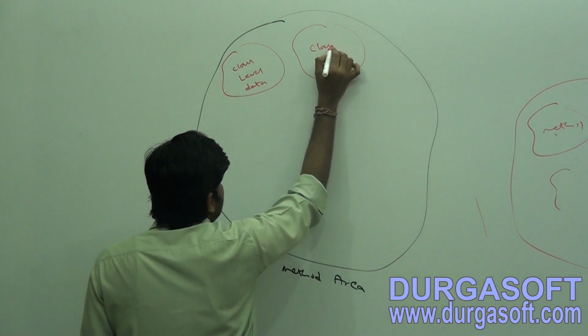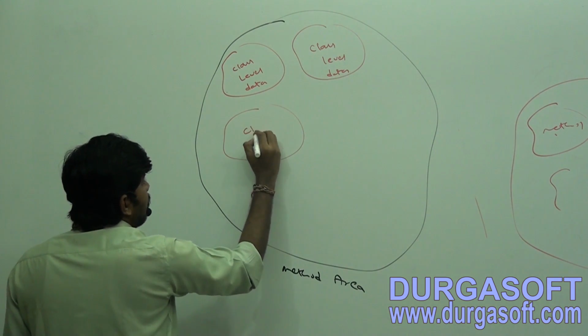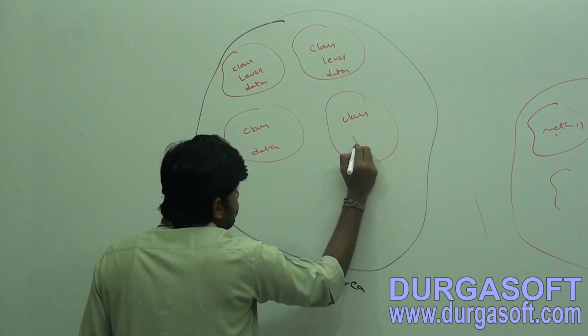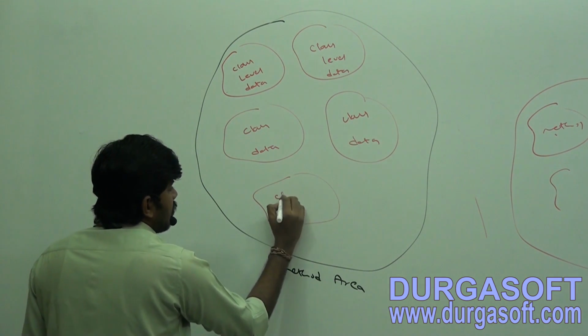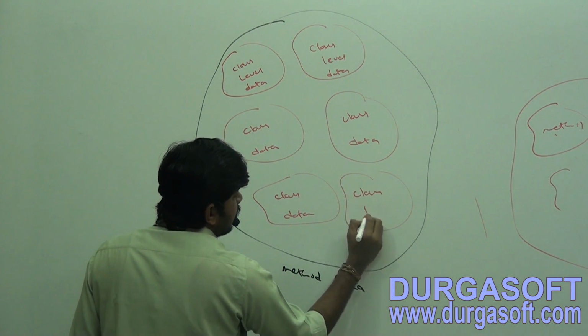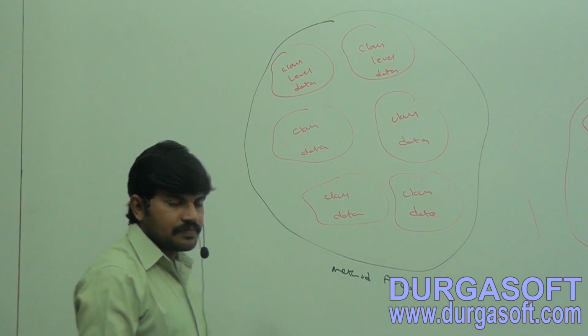Class level data, or class data, by default will be there. Any explanation required? Okay, now point by point.